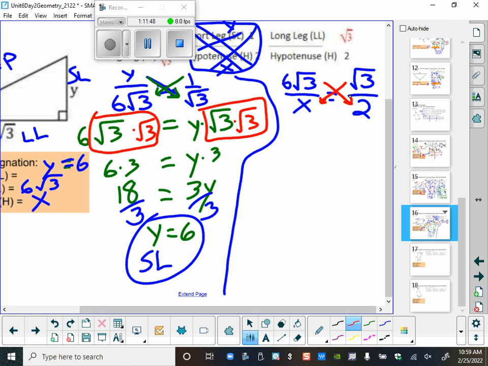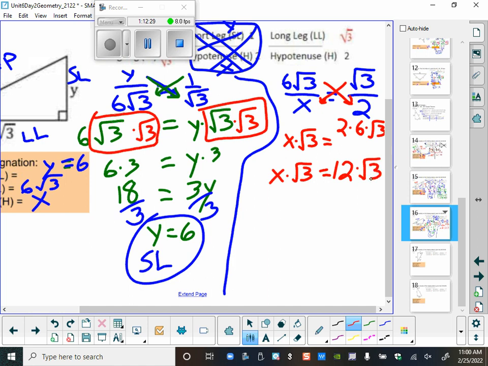So right now, you have x times square root of 3 equals, well, when we multiply 2 times 6 times square root of 3, what's 2 times 6? Who can tell us? X times square root of 3 equals 12 times square root of 3.